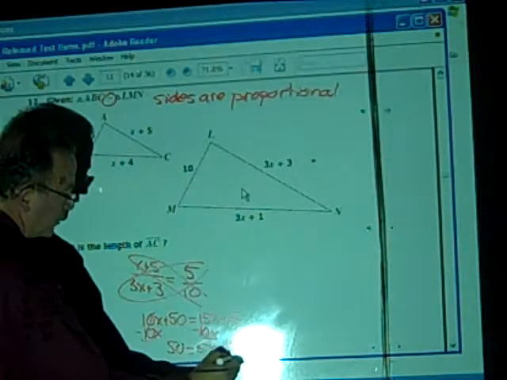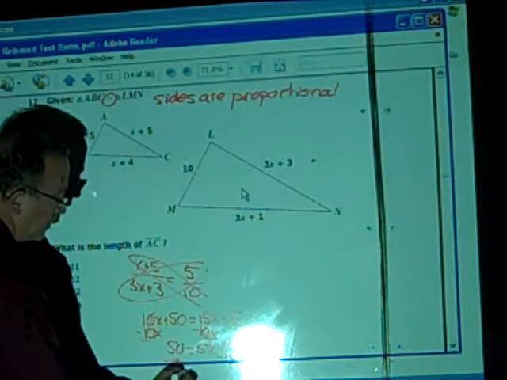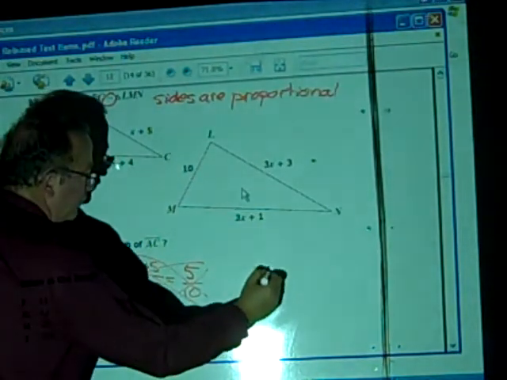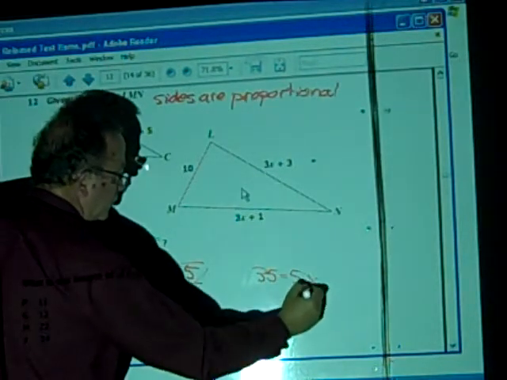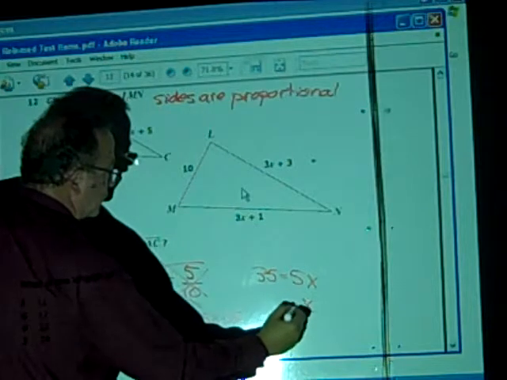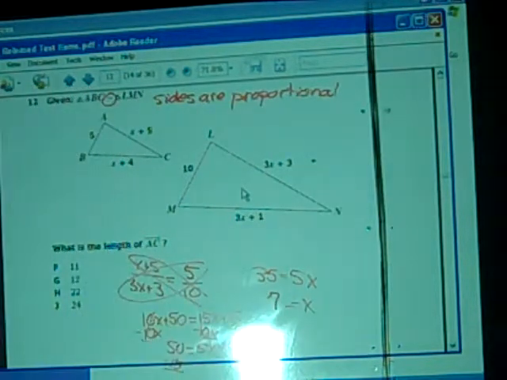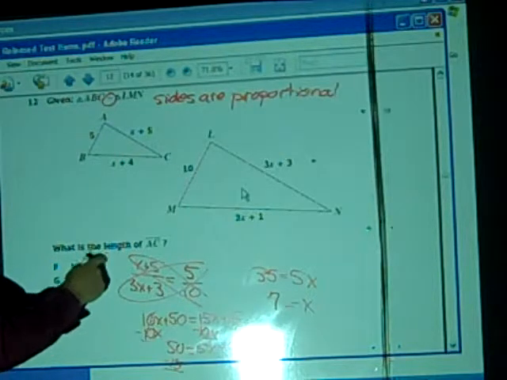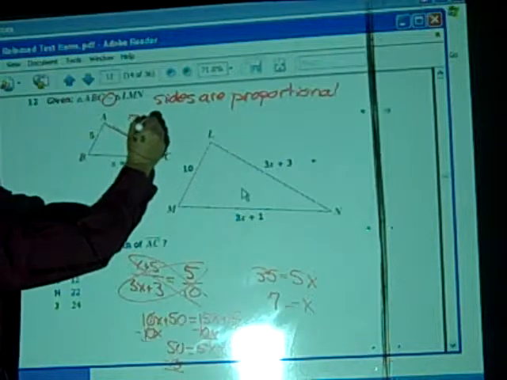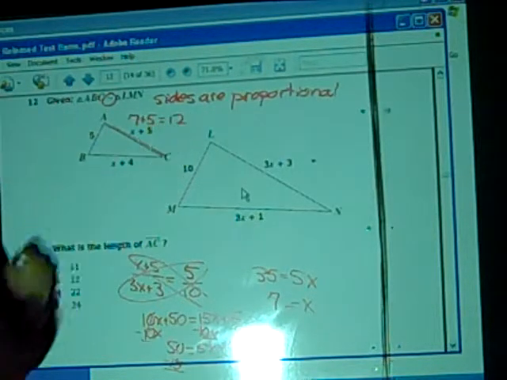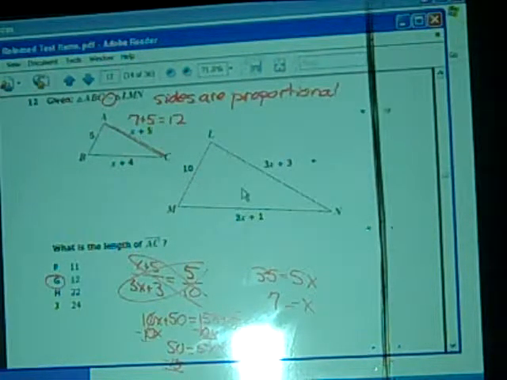Subtract 15 from both sides. That leaves us with 35 equals 5x. Divide both sides by 5, it gives us x equals 7. As we notice, that's not one of our answers because we're looking for the length of AC. We know x is 7, so we're going to do 7 plus 5, which equals 12. And that is one of our answers.